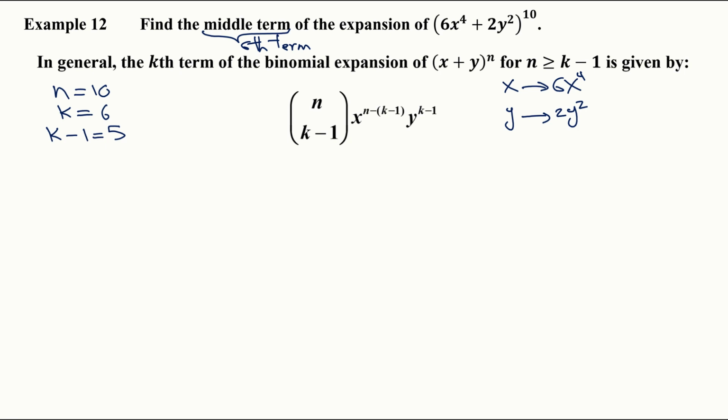So we end up with 10 choose k minus 1, which is 5, times, instead of x, 6x to the 4.